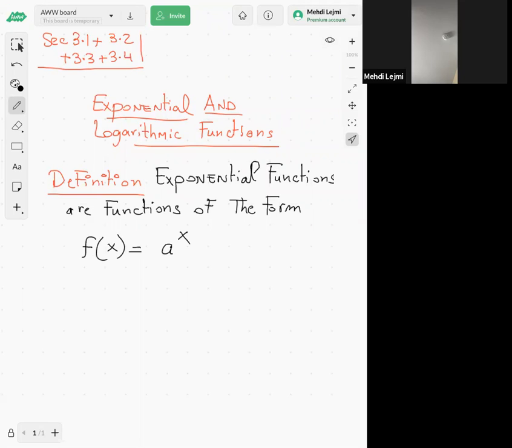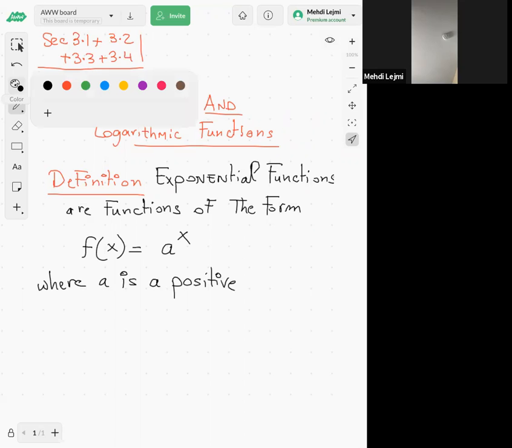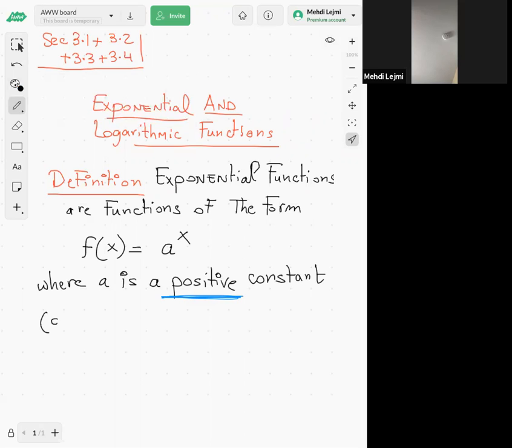Here you need your a to be positive. So a is a positive constant. Okay, this is really important. A has to be positive, and different from 1.